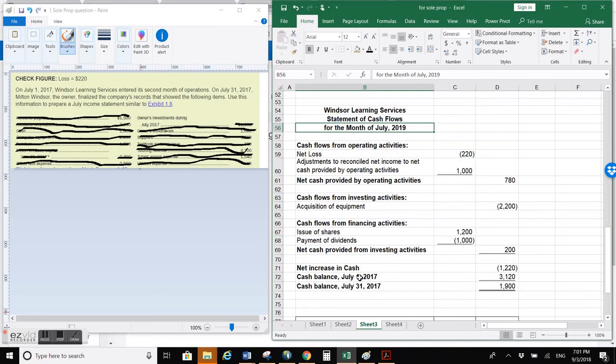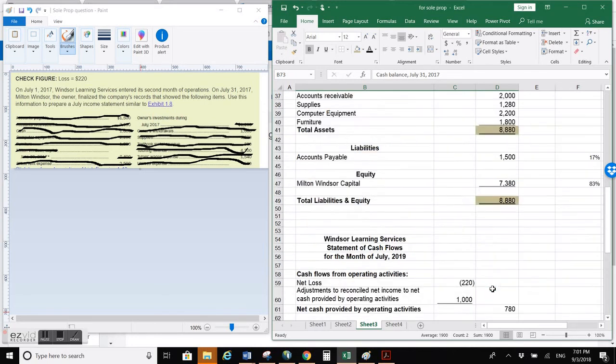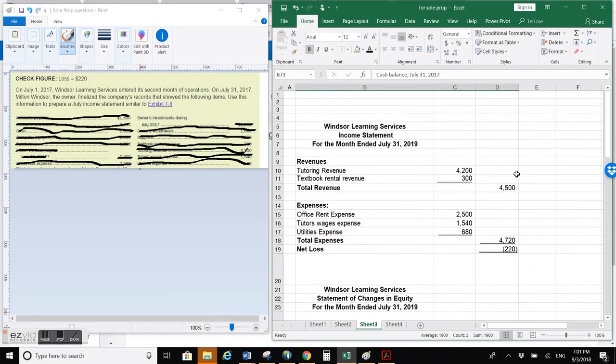Now, lots of people say, why the heck do we need this statement when we have the income statement? So the income statement is tied to cash flow, no doubt, but here we're talking about our revenues and our expenses. So our revenues are what we're charging our customers for the work we completed during July, and our expenses, what we've used up while doing those services during July.